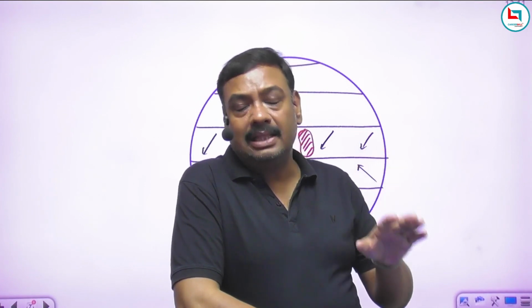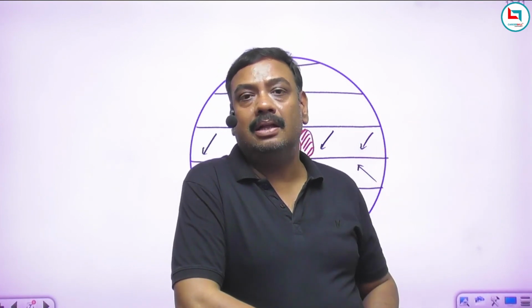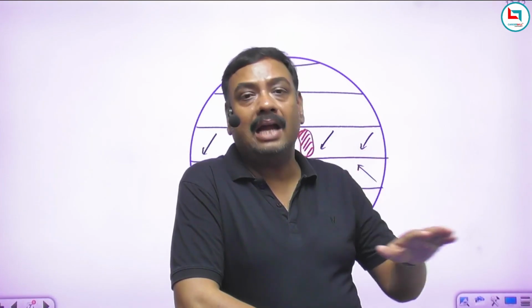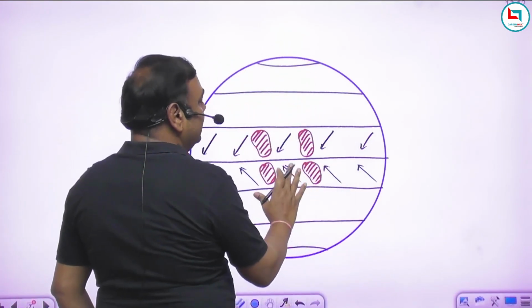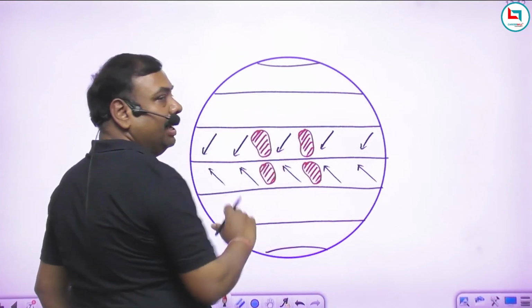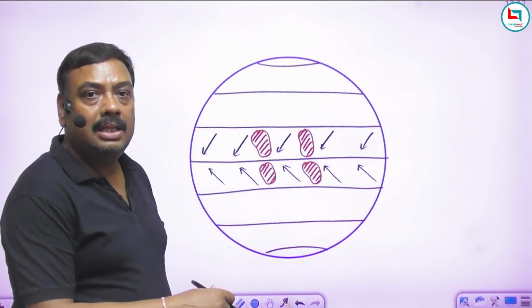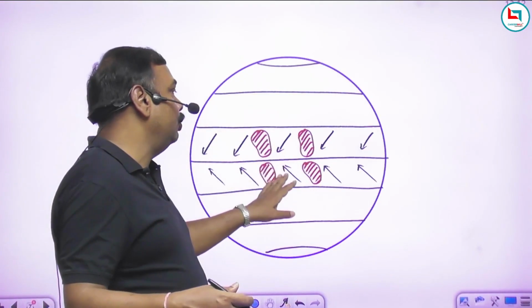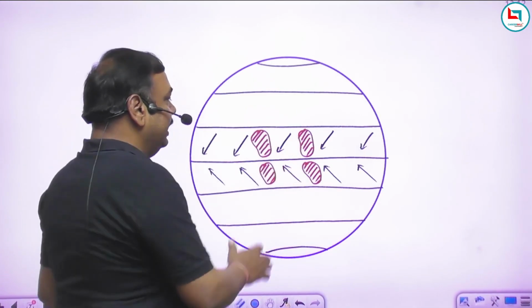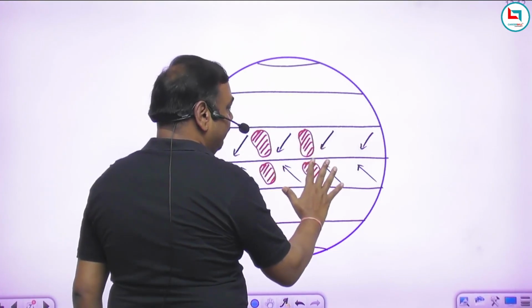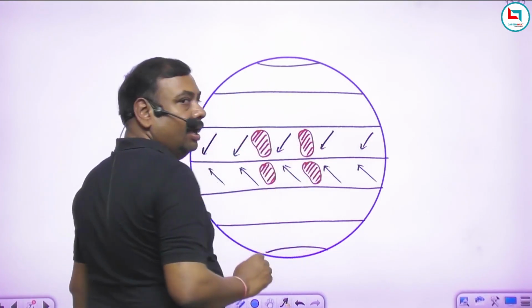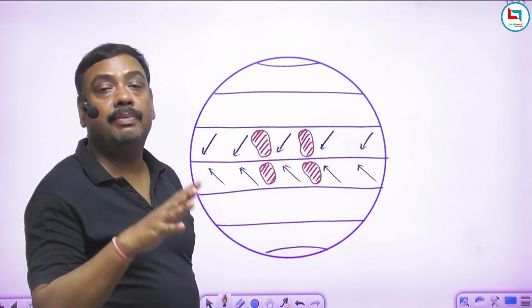So wherever these winds are moving, they are able to drag the surface water in that direction. Now see, for the western coast of the continent, the same trade winds are becoming offshore. And if they are offshore, they obviously drag the ocean surface water with them. Where? Away from the coast.